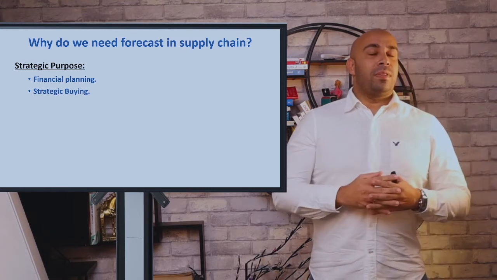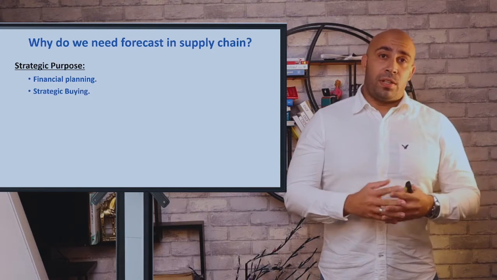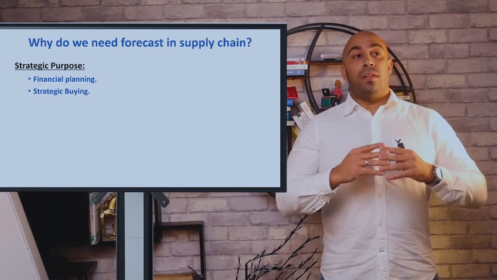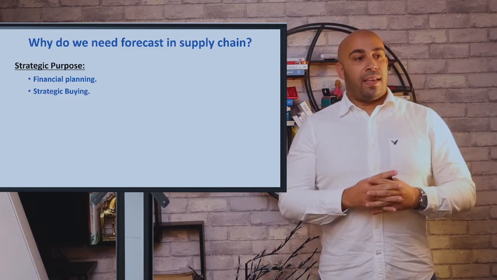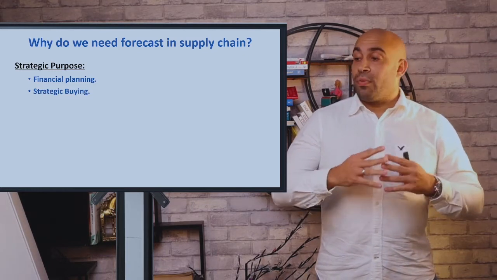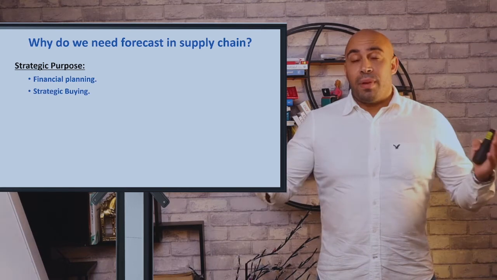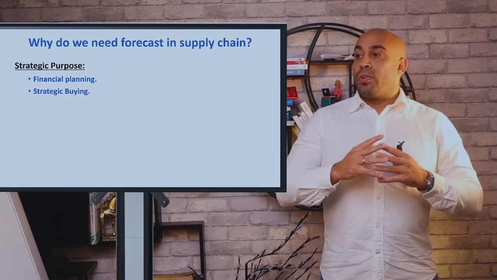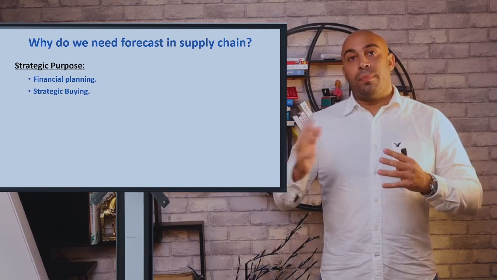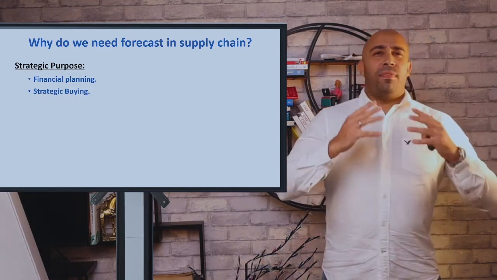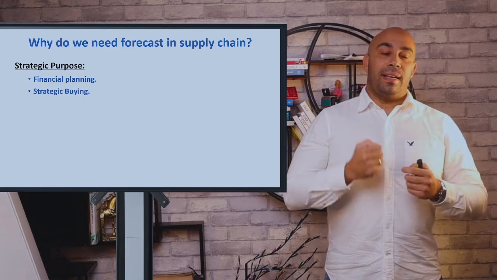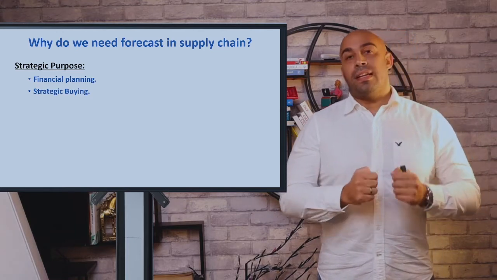When I talk about strategical buying, for some industries you will see they are looking into long-term contracts. For instance, industries doing bidding or tendering want to close long-term contract deals, let's say for crops, instantaneously.